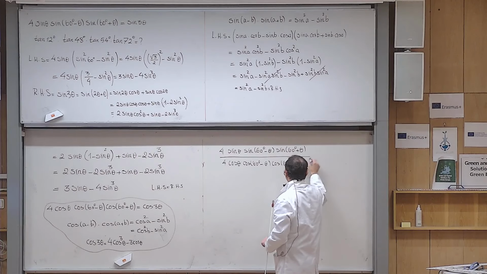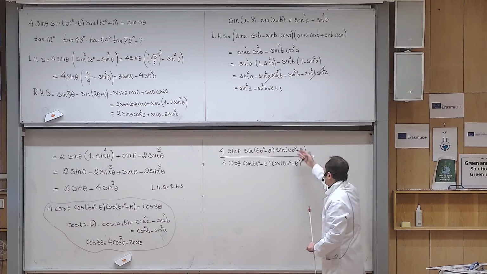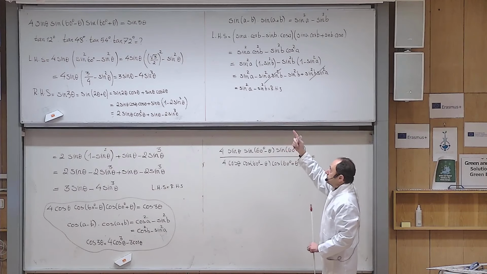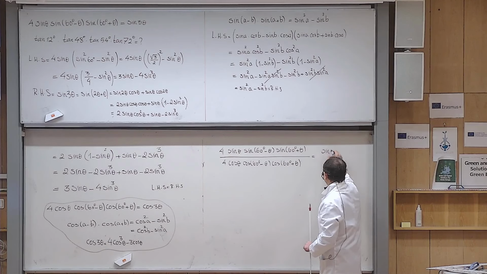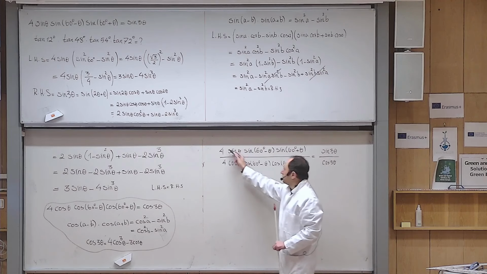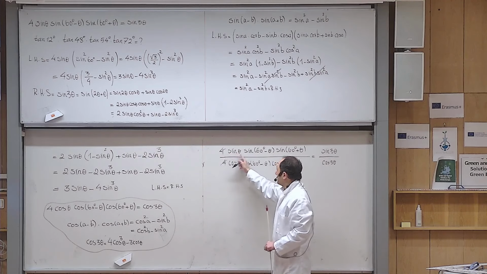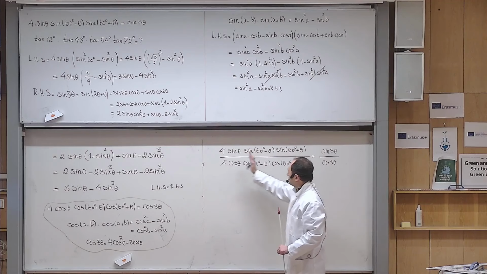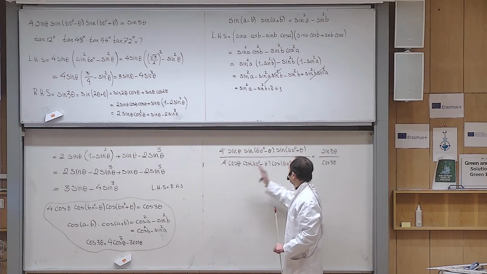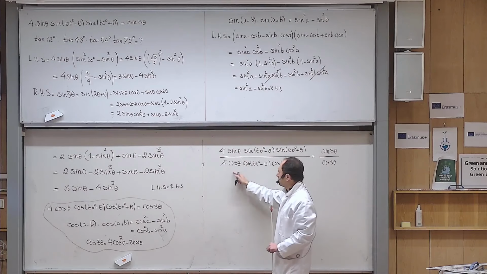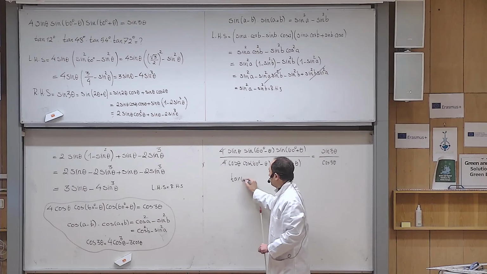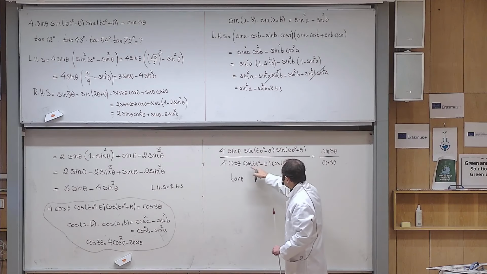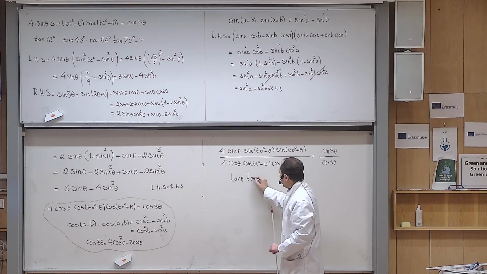Yes? Of course, if I want to keep equality, when I divide the left-hand sides, I should also divide the right-hand sides. The right-hand side of the first one is this. The right-hand side of the second one is this. But now something interesting happens, yes? Because 4 and 4 are cancelled. Sine theta over cosine theta, because this can be written as 3 fractions multiplied. The first fraction multiplied by the second fraction multiplied by the third fraction. But the first fraction is just nothing except tangent theta. Sine of this angle divided by cosine of the same angle, it becomes tangent of that angle.